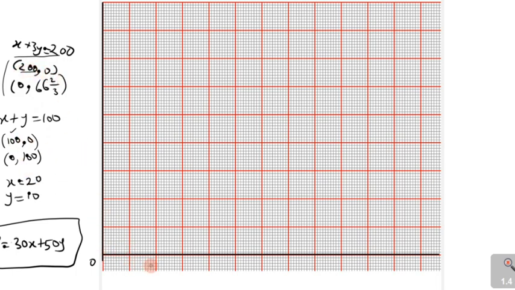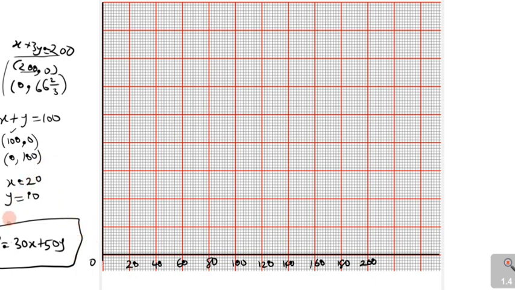So we can simply take a reasonable scale. Let's say 20, 40, 60, 80, 100, 120, 140, 160, 180, 200. So this is reasonable enough.